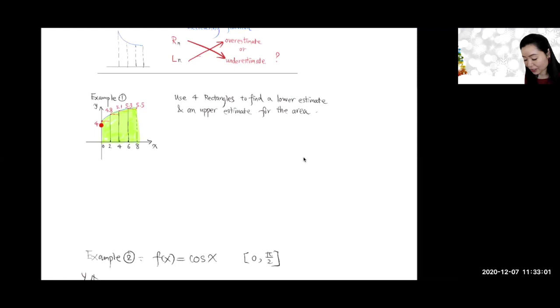They give you the curve, and I also give you the coordinates for those endpoints right here. So first, let's try to find a lower estimate.